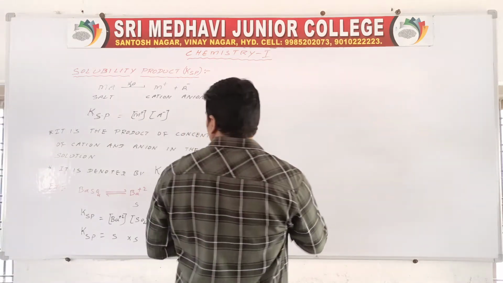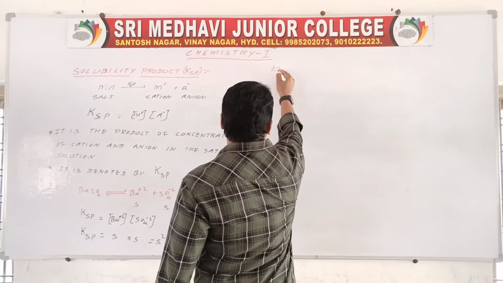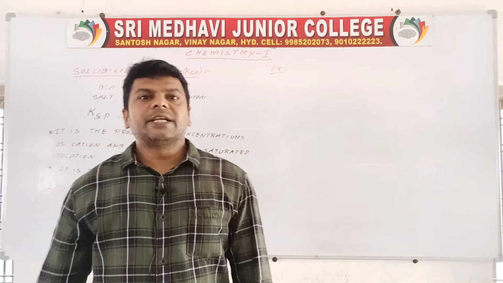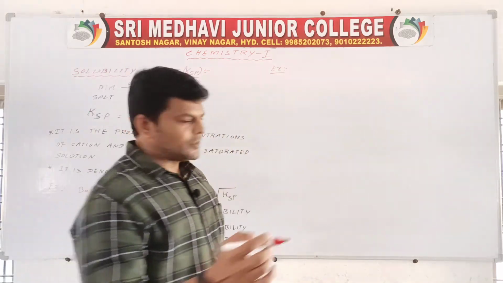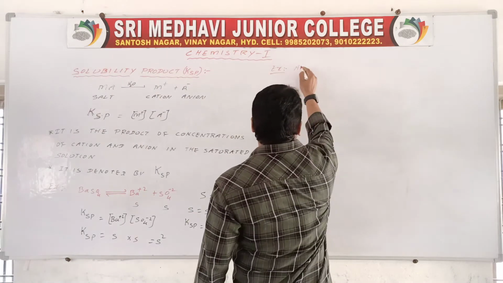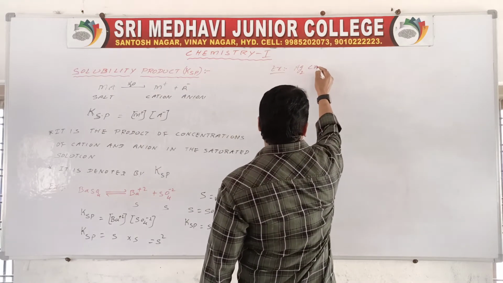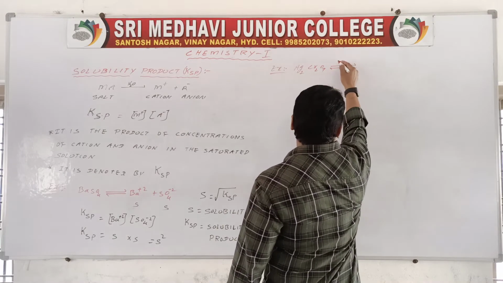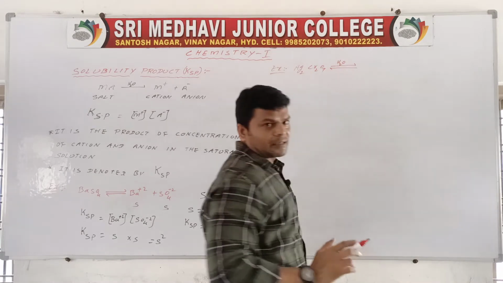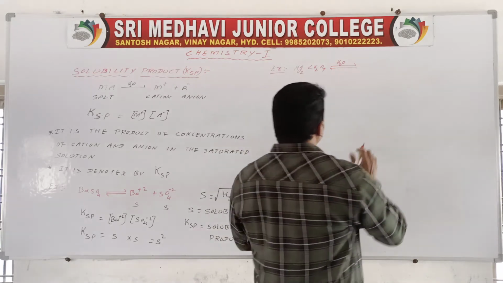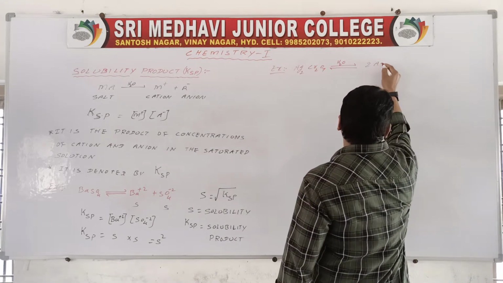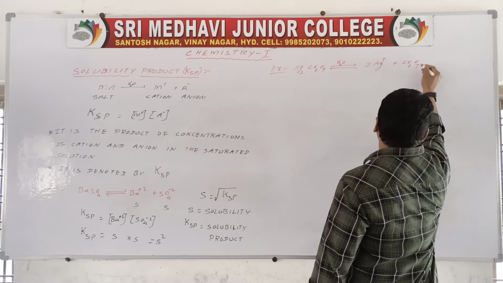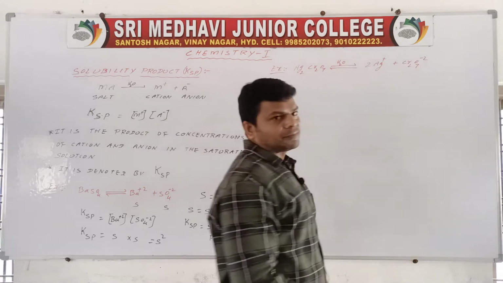One more example we will discuss: Ag2Cr2O7. When it is dissolved in water, it can be divided into 2Ag plus and Cr2O7 minus 2.